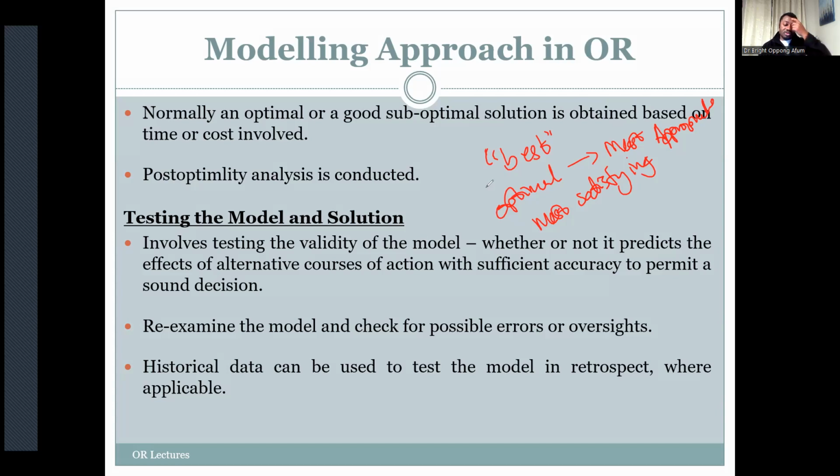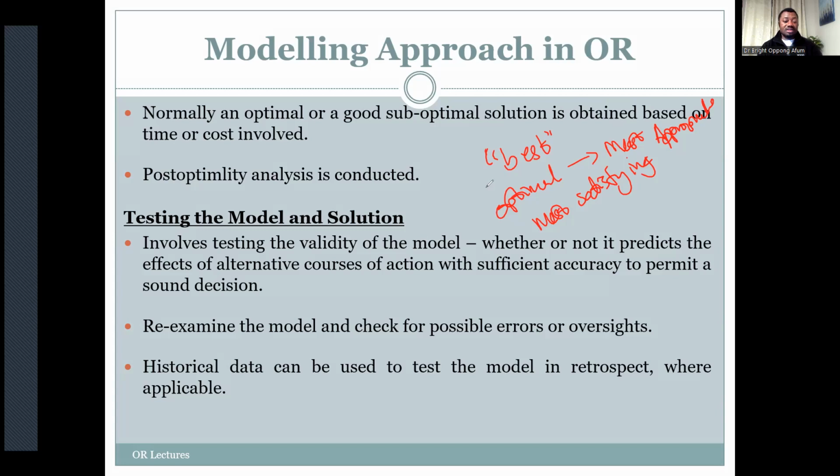Then when we get a solution, we conduct post-optimality analysis: after the solution is obtained, we want to check whether it responds to certain high values of the decision variables. So that is conducting sensitivity analysis or parametric analysis on the solution.